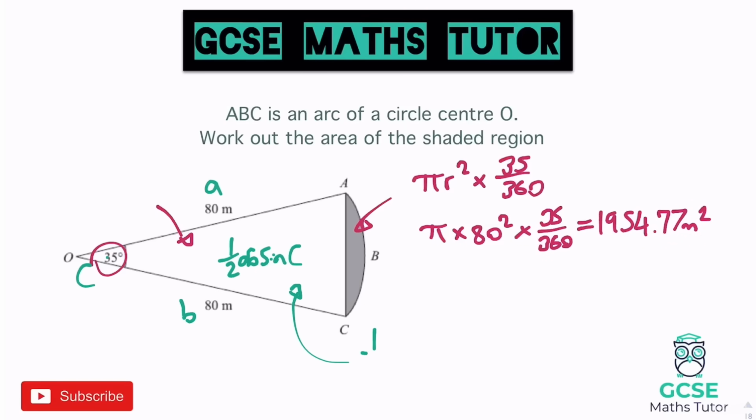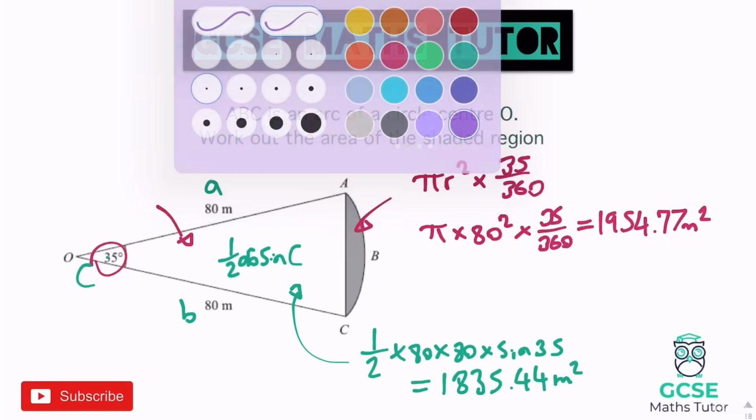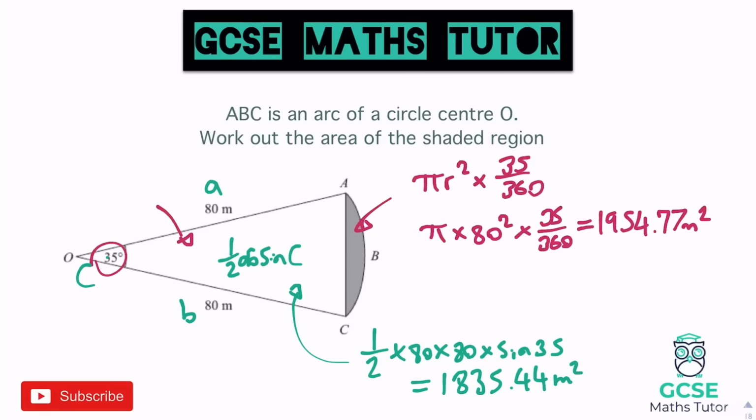So we can do half times 80 times 80 times sine 35. There we go, and if we type all that in, 0.5 times 80 times 80 times sine 35, we get the area of that triangle there, which is 1835.44 metres squared.